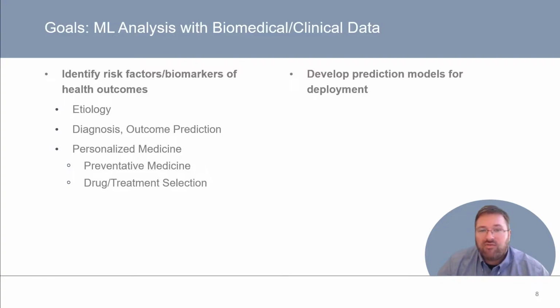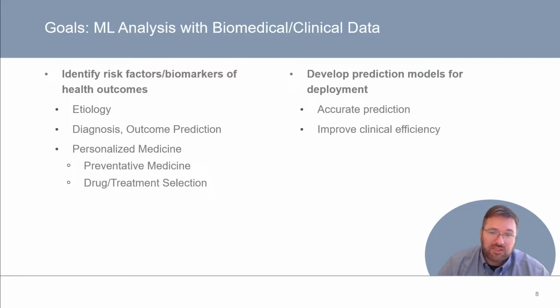We also might want to develop an outcome prediction model for deployment, for example, in a clinical setting. The goal here is typically to make more accurate predictions, or simply to improve clinical efficiency by either increasing the speed of diagnosis and treatment or reducing costs.